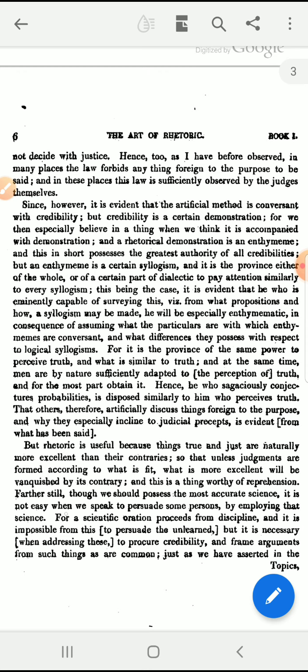So Aristotle explains in this last sentence that if you're going to speak from some scientific knowledge, it's not going to be helpful, because only men who have already been convinced of the principles of that science are going to be able to understand and accept with confidence the conclusions of that science. And the common people, those who do not know these sciences, these arguments will have no effect on them.